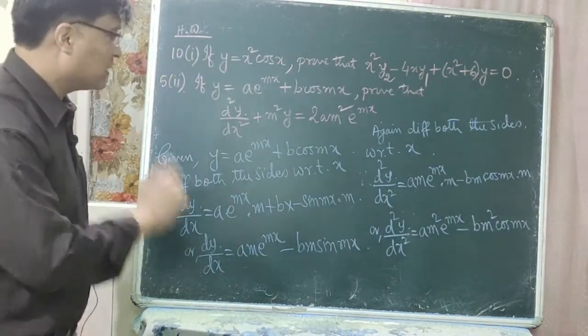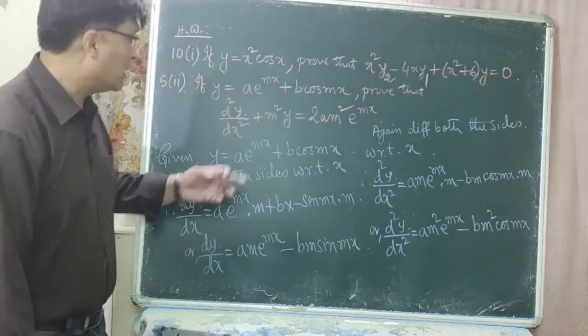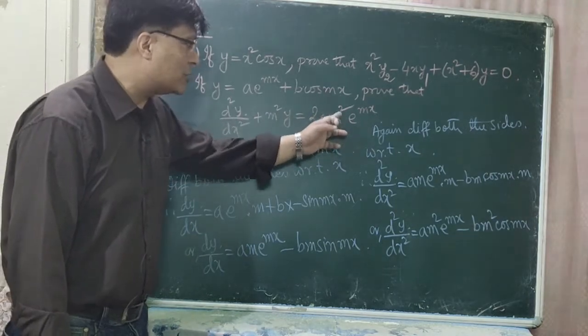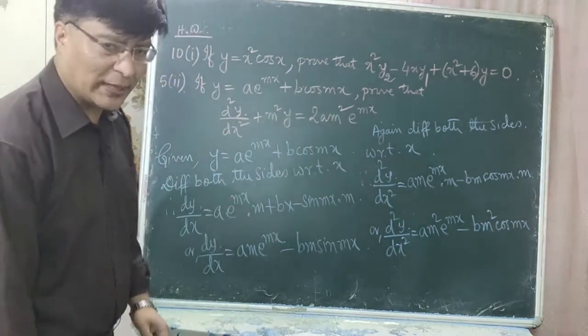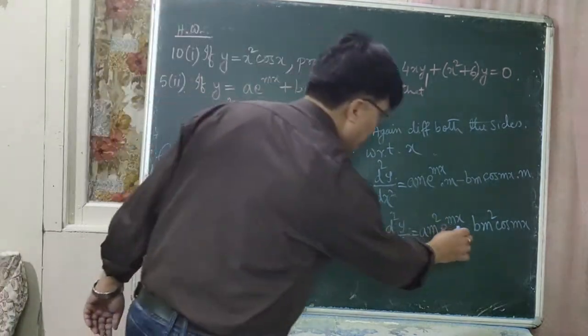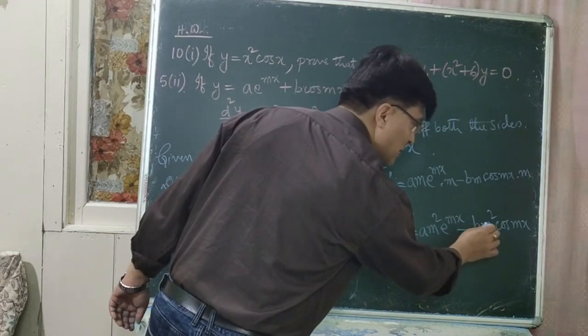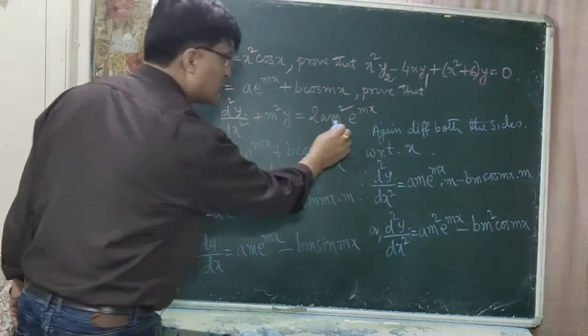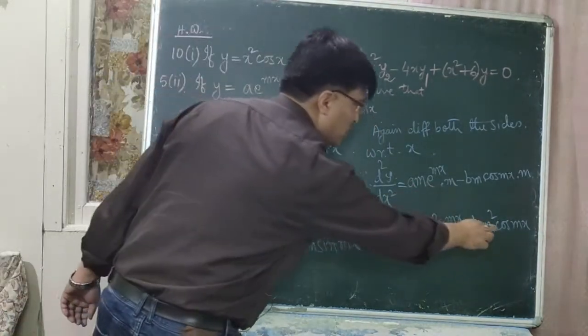In this case you have to prove that d2y by dx square plus m square y is equal to 2am square e to the power mx. Now here we have minus m square b cos mx. Since there is no cos in the result, you have to eliminate this cos mx.